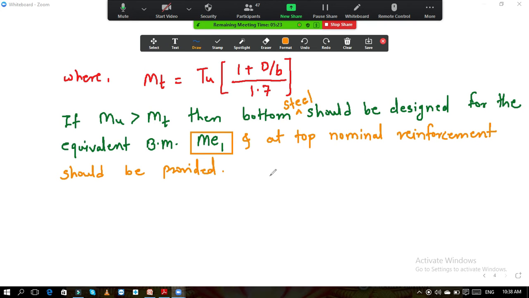At the top, nominal reinforcement should be provided. Nominal reinforcement means 2 bars of 10 mm or 2 bars of 12 mm. That is our nominal reinforcement.